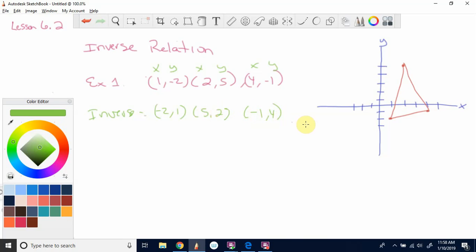It sounds like it's complicated, but if we just look at it, it's really just basic. So let's graph them now: (-2, 1), then (5, 2), and (-1, 4). So there you go.